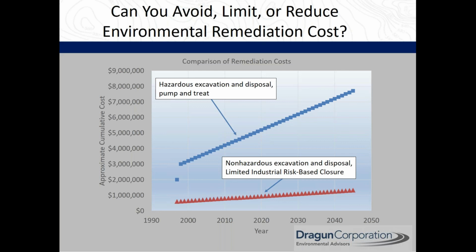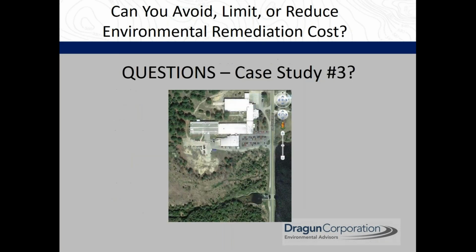And the blue line shows if the waste would have had to be initially handled and disposed of as a hazardous waste, significant jump, and then the capital cost of putting in a pump and treat system and operating that system for a significant amount of time, typically 30 years at a minimum, but would be till you got clean. We were able to avoid that for the client. So significant cost savings from that.